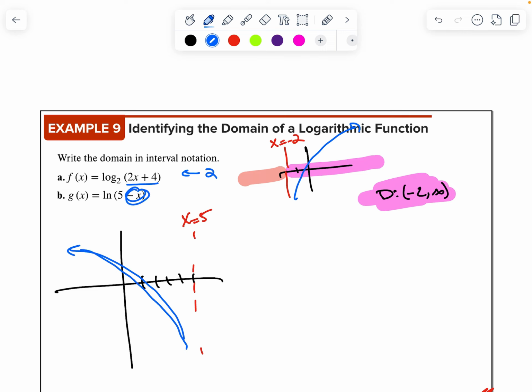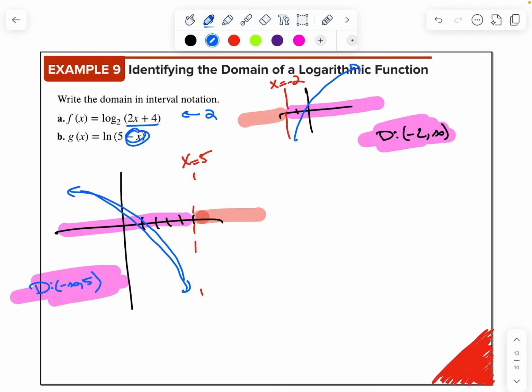This negative sign right there reflects it horizontally. And so in this case, we actually don't have graph to the right. We have graph only to the left. And so our domain is from negative infinity up to 5. And it stops at 5, right? The graph stops at 5.